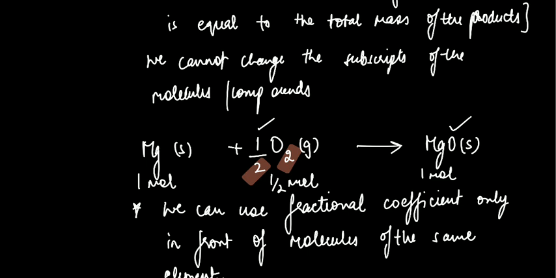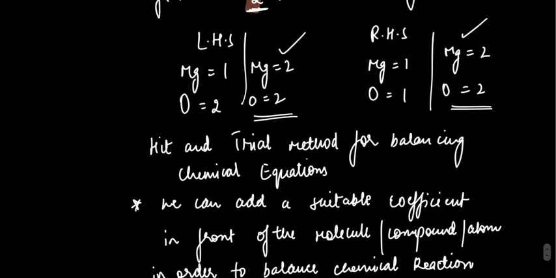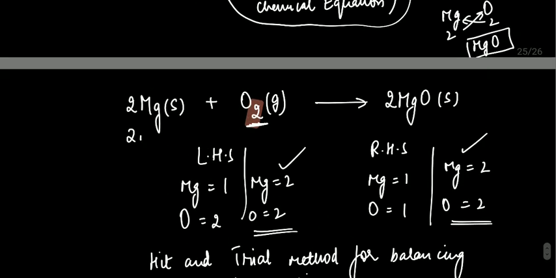This can help us solve many questions. Now if you go back to this one, 2 moles of magnesium reacts with 1 mole of oxygen to give us 2 moles of magnesium oxide. So this is also okay. Half mole is on the theoretical ground, otherwise this is a perfectly balanced equation.